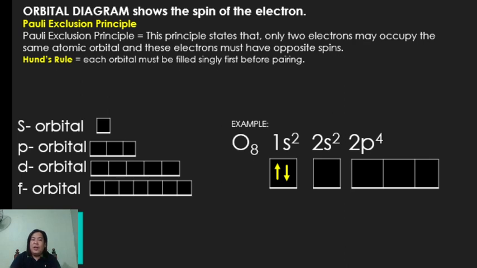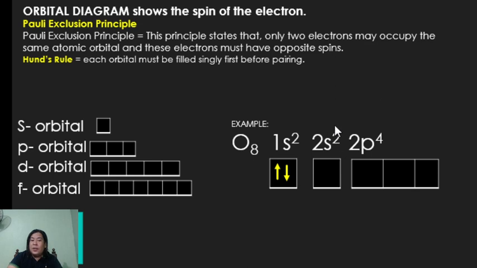That indicates that the electrons have opposite spin. So, this is the orbital diagram of 1s2. The number of arrows represents the exponent of the sublevel, the 2. That is why there are two arrows.